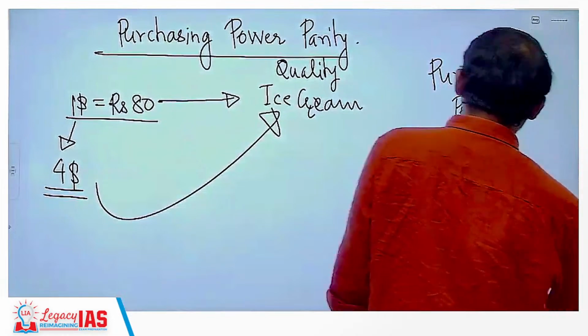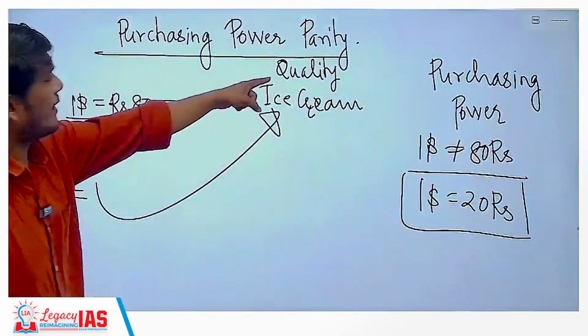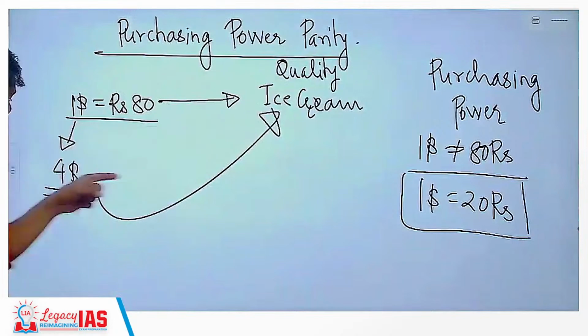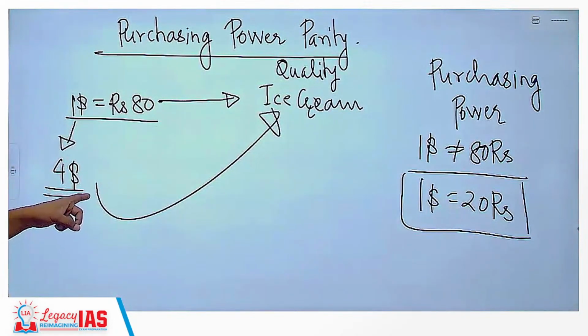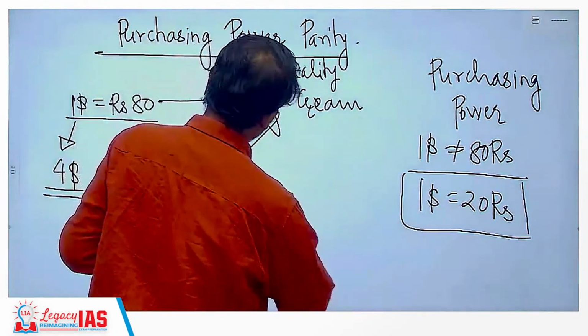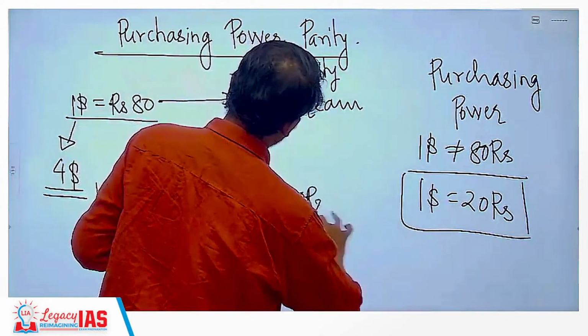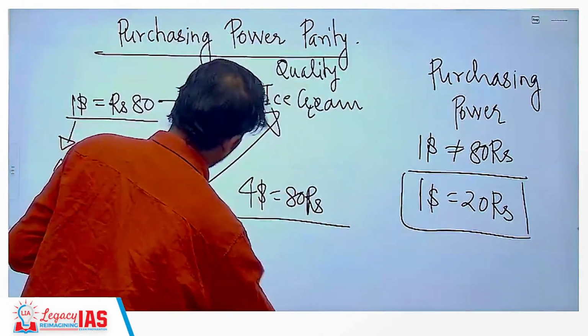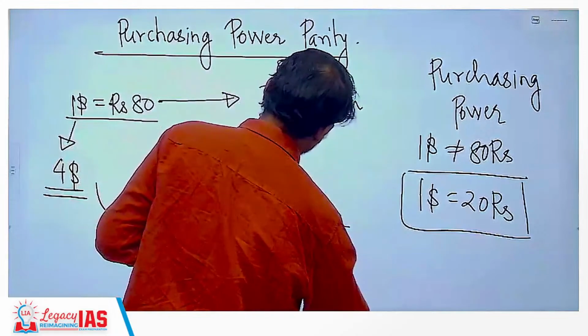Why? Because to purchase 80 rupees worth of ice cream, which you can get in India, you are required to pay $4. So $4 has become equal to 80 rupees. That means $1 is actually 20 rupees worth.